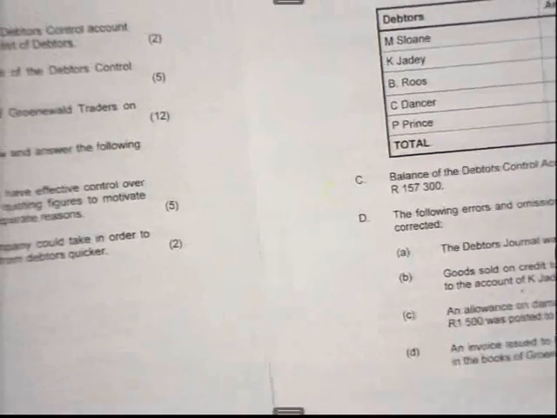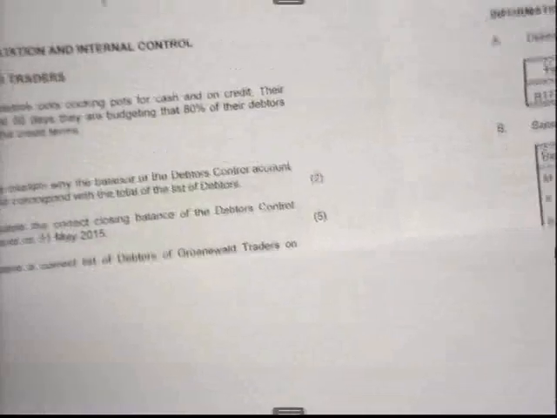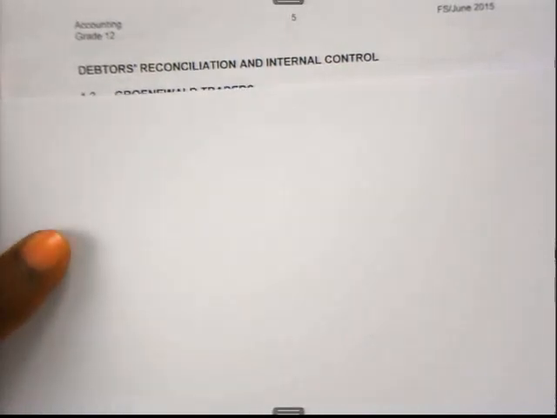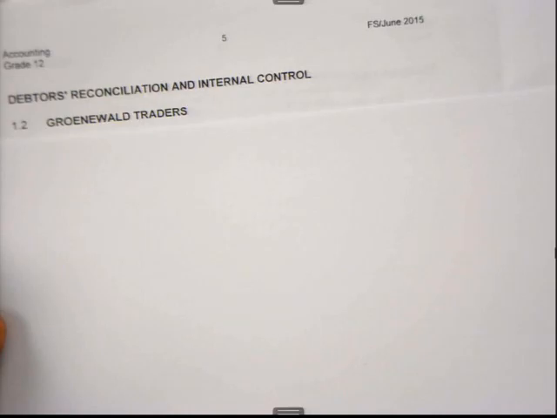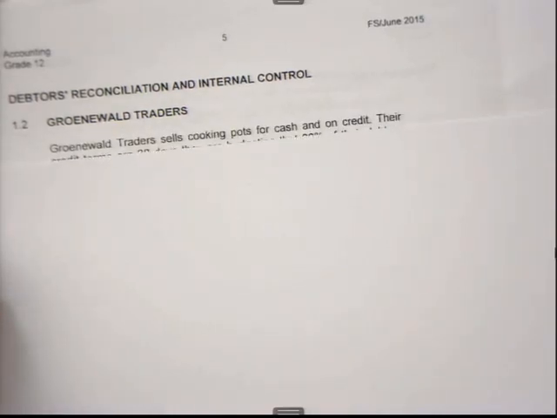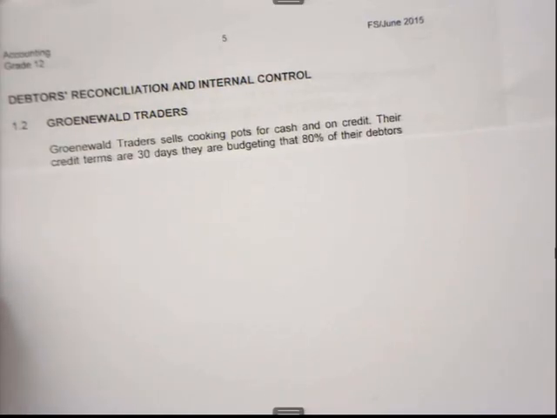We will now move to the next question under the same heading, reconciliations. Now we look at debtors reconciliations and internal control. 1.1, Groenewald Traders, right? Groenewald Traders sells cooking pots for cash and on credit. Their credit terms are 30 days.